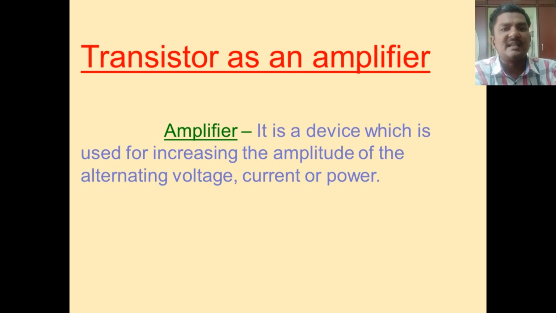If the input signal is AC, the device which can be used to increase the amplitude of alternating current or alternating voltage or power is called an amplifier. So transistor can be used as an amplifier.